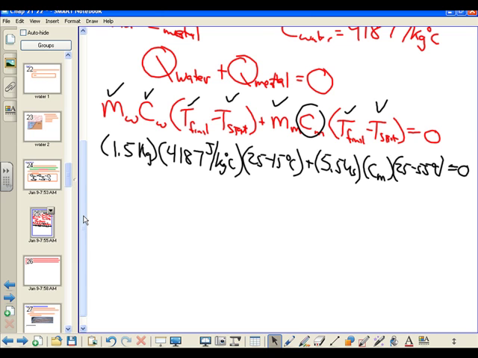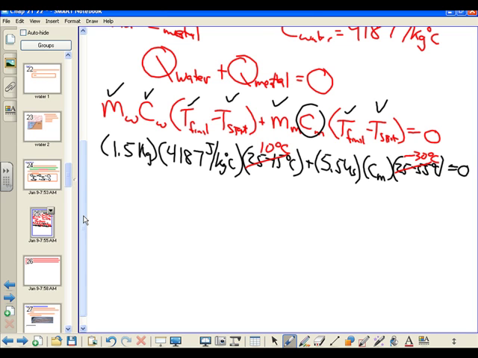So I have 1.5 times 4187 times, now right here, that was 10 degrees C. This one will be negative 30 degrees C, right? That's the difference.